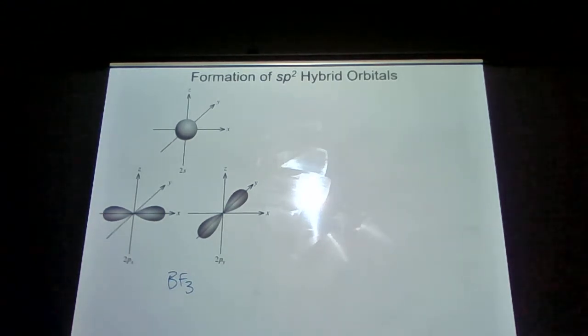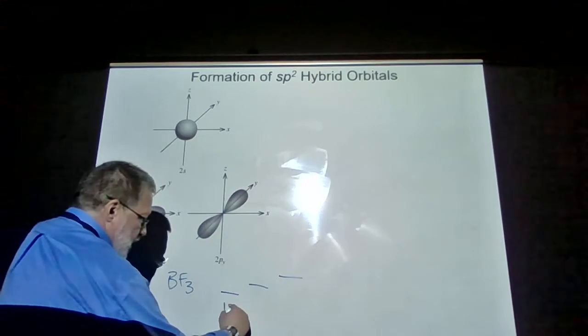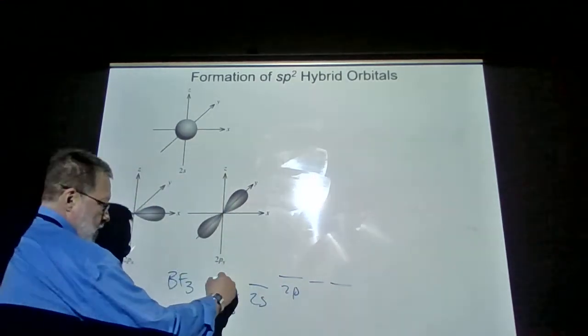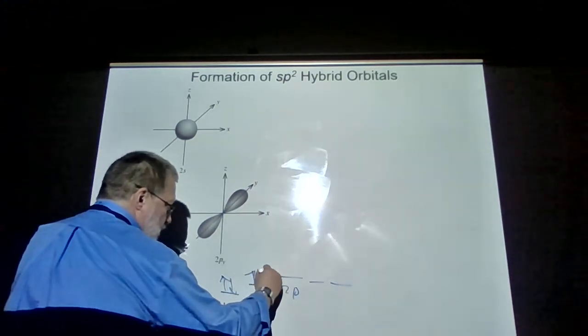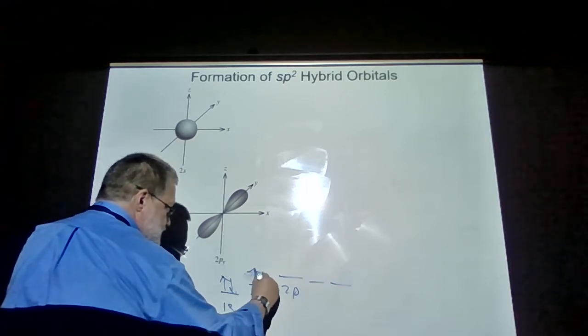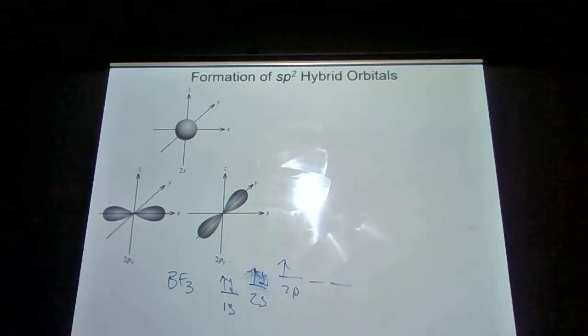Boron has a valence shell electron configuration of 1s2, 2s2, 2p1, so boron has 5 valence electrons.